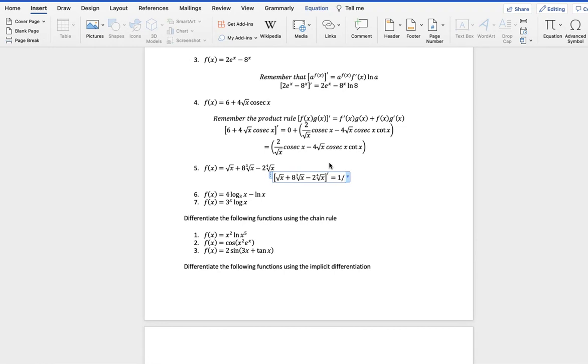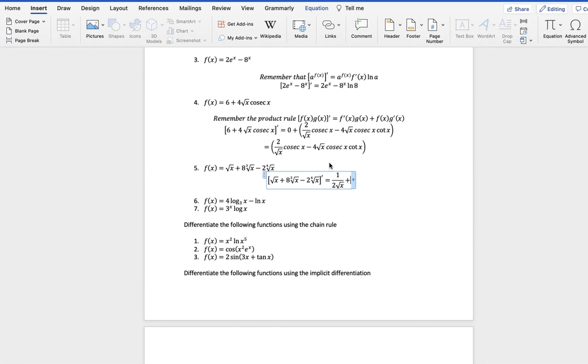Okay, so you had 1/2 multiplied by the square root of x, plus 8/3 multiplied by the cube root of x squared, and then minus 1/2 multiplied by the fourth root of x cubed.